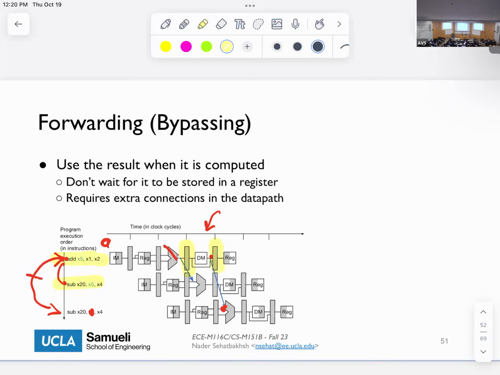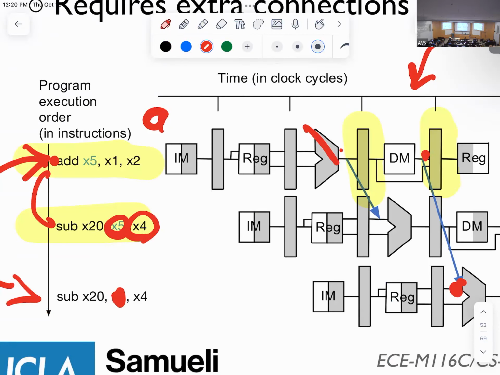If the IDEX RS1 or RS2, which means either this register here or this register, is equal to the RD of EXMEM, which is the instruction that is here, it means that this instruction and this instruction are dependent on each other, so I need to do the forwarding. Or if I see that the RD of this register is similar to RS1 or RS2 of this instruction, then I need to forward from this register back into the ALU.